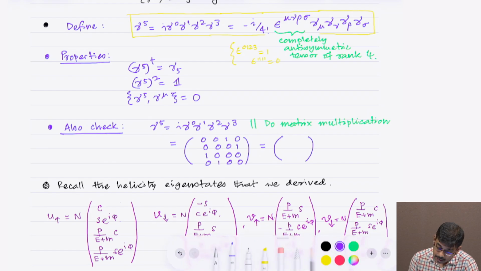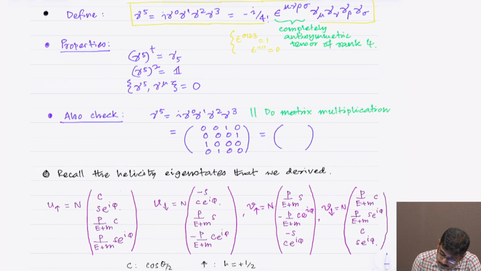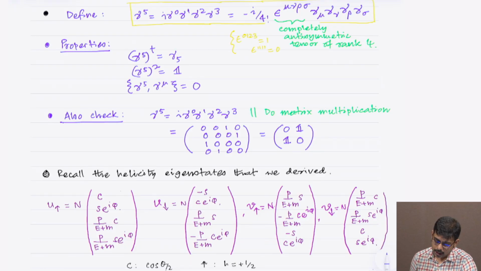What does it mean? This means that it is representing identity matrices sitting in the non-diagonal entries. These are 2 cross 2 identity matrices.